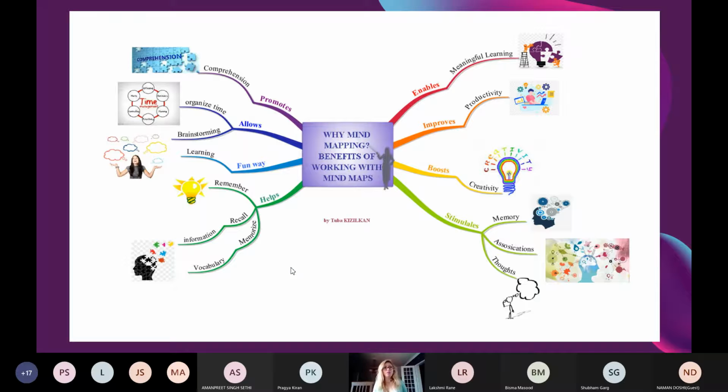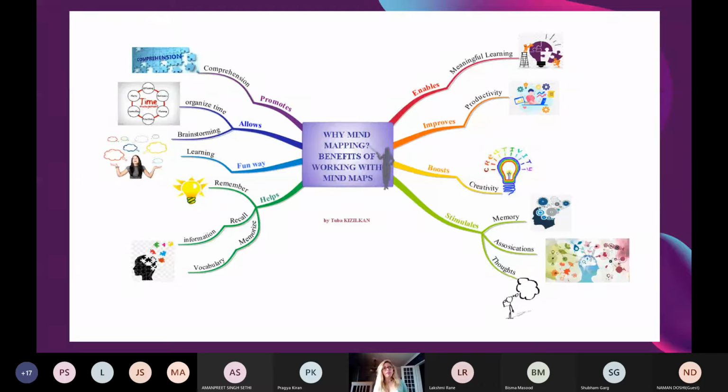It helps you remember the information through your studying, and it helps you recall information, and also helps you memorize vocabulary in a much better way compared to traditional ways.